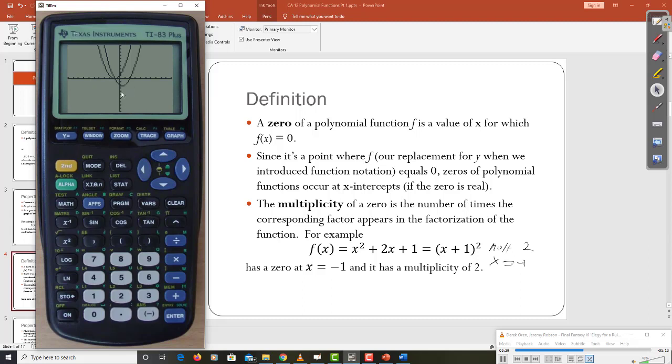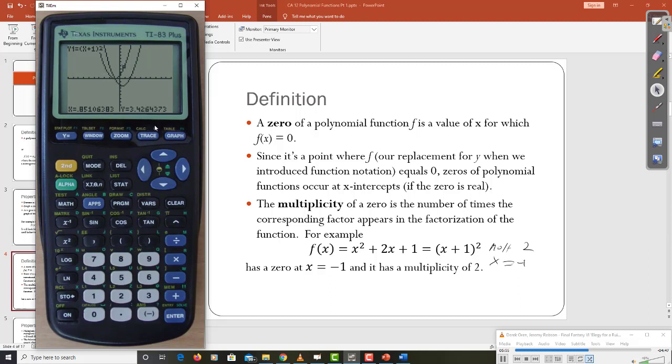Alright, notice what happens at the 0. This is (x plus 1) squared, and you notice it doesn't cross down below the x-axis. It just bounces at its 0, at its x-intercept, and then just goes straight back up. Whereas the other one crosses at the x-intercept, and then crosses at the other one as well.